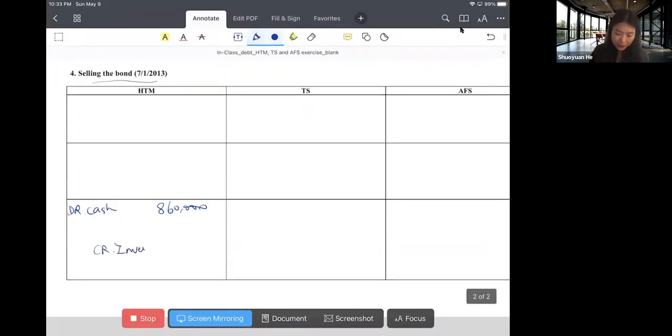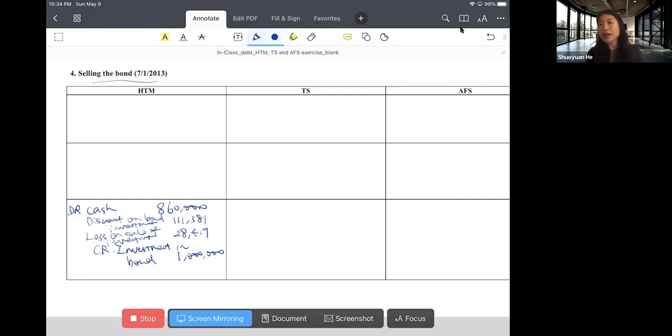We credit investment in bond of 1 million and debit discount on bond investment of 111,581. And this journal entry is not going to be balanced. The imbalance is at the debit side of 28,419. And this is viewed as a loss on sale of investment.